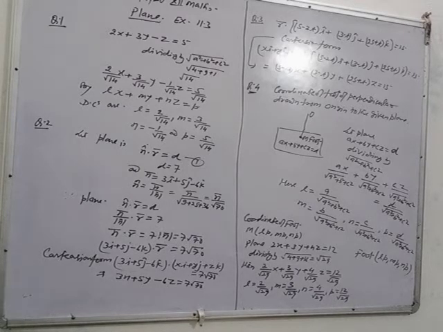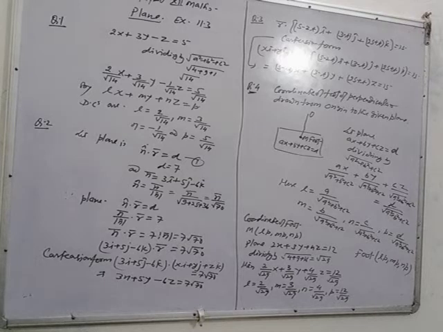Now putting it in the formula n cap dot r is equal to d: vector n upon mod n dot r is equal to 7. Taking mod n to the right side by cross multiplication, vector n dot r is equal to 7 times mod n, which you have determined here, that is root 70.